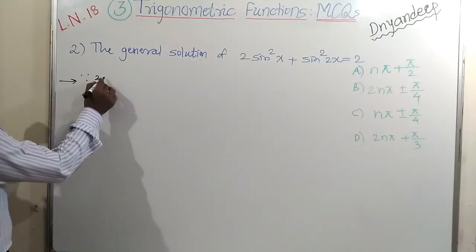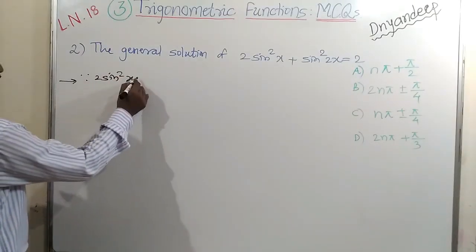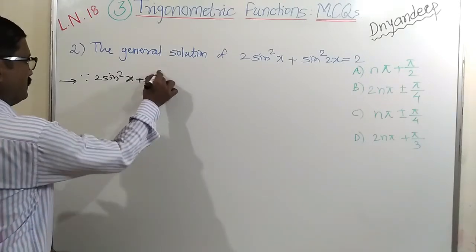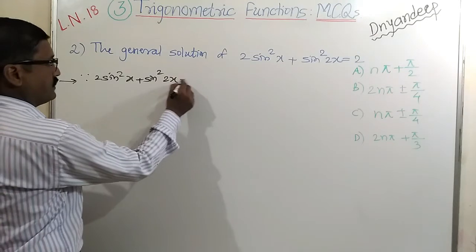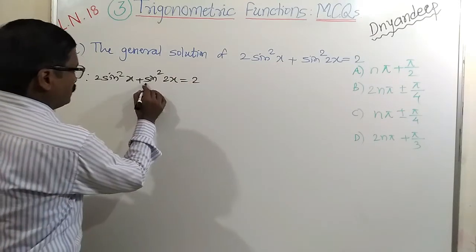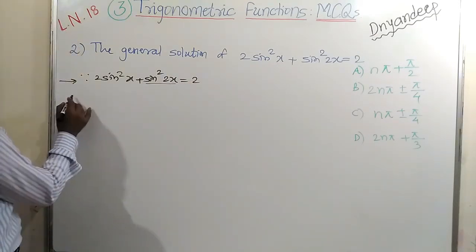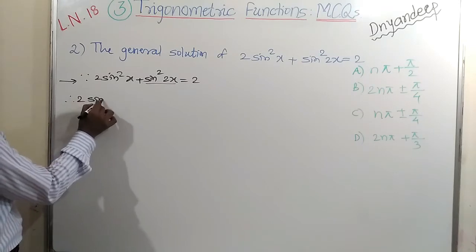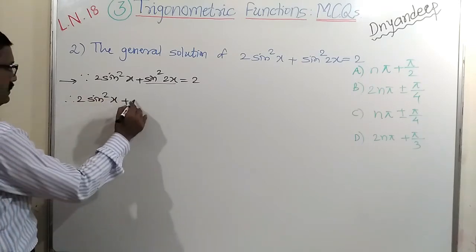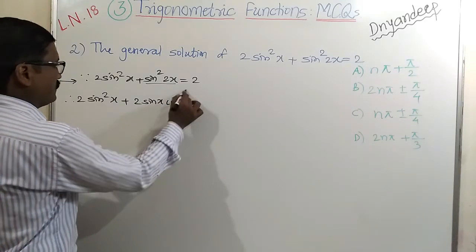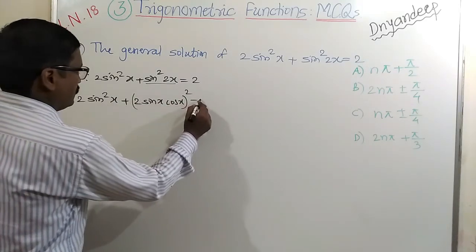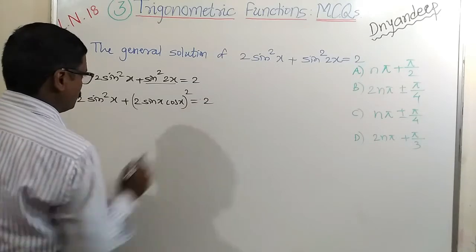Since 2 sin square x plus sin square 2x is equal to 2, we can use the formula for sin 2 theta here. Therefore 2 sin square x plus 2 sin x cos x bracket square equal to 2.